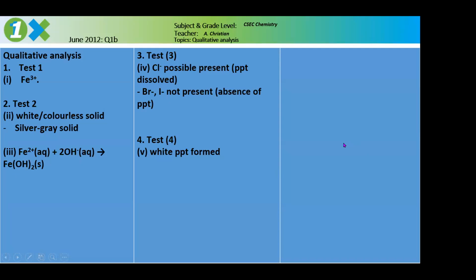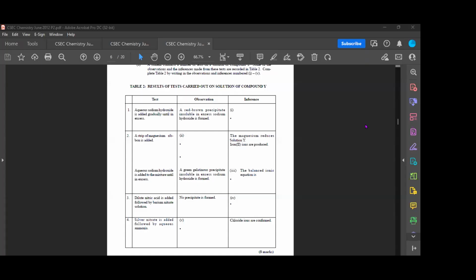Sir, I was asking if you could redo the table with this because I don't understand. Go back to the table. So for the table, we are saying that Fe3+ is present.